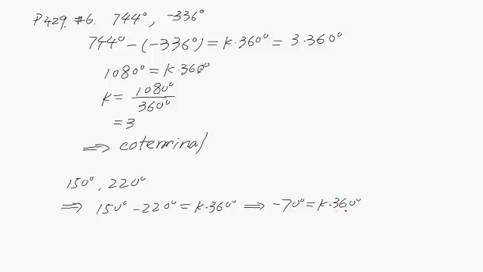Then we divide both sides by 360 degrees, and we get k equals negative 7 over 36. So no integer solution. That means these two angles are not coterminal.